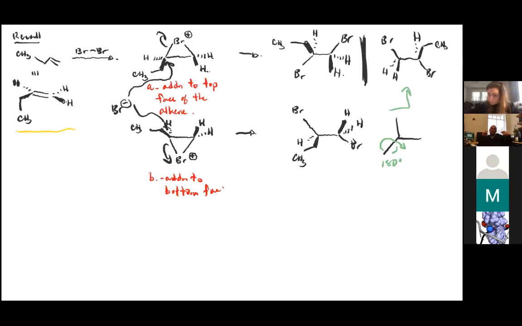When we had office hours, something useful came out of that, which is probably worth mentioning for everyone. When we do these in-plane rotations, what's a wedge remains a wedge, and what's a hash remains a hash. If I spin the molecule in the plane of the paper in any direction, the hashes and wedges always go with the same substituent.